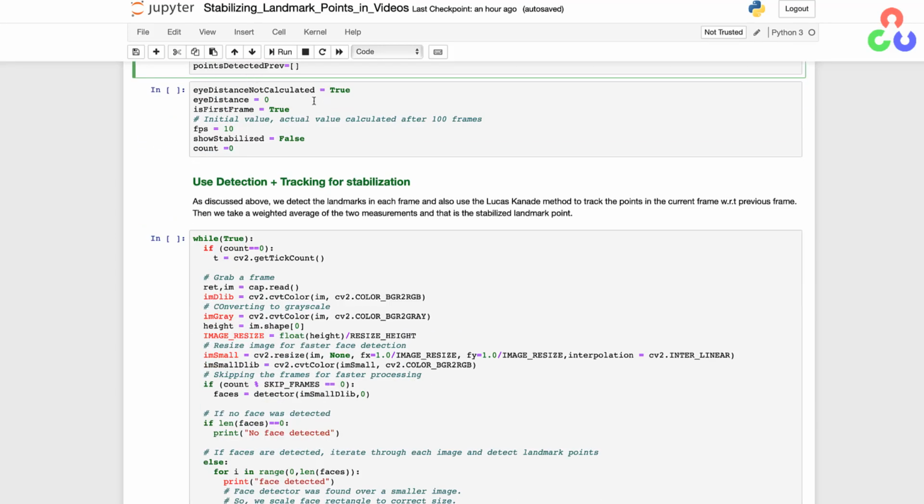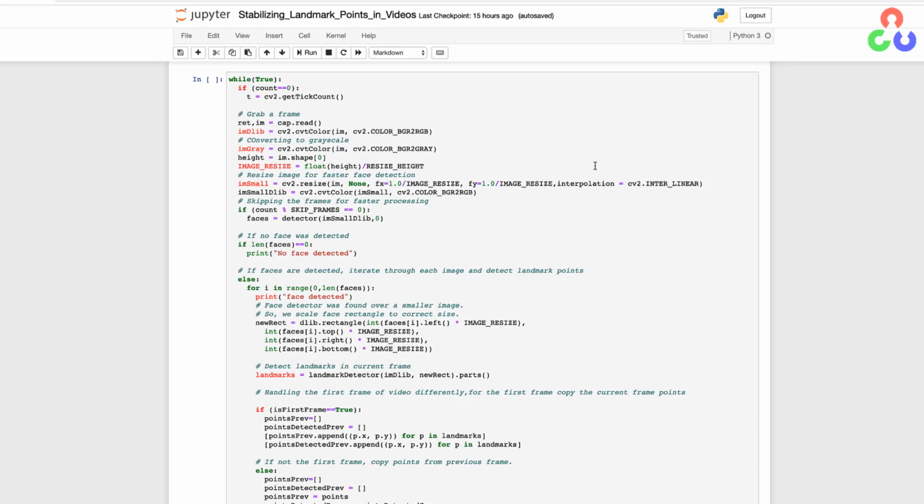These are some variables we use to check if we have already calculated the distance between the eyes. If we have, then we don't need to calculate it again. We do some processing when we recognize it as the first frame, and that is why we are using this variable. And our interface allows you to toggle between showing detection results and stabilization results. So this variable controls whether we want to show the detection results or the stabilization results.